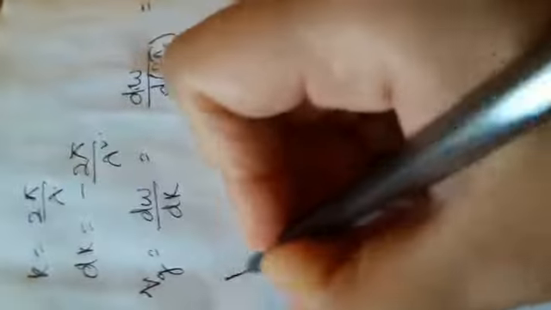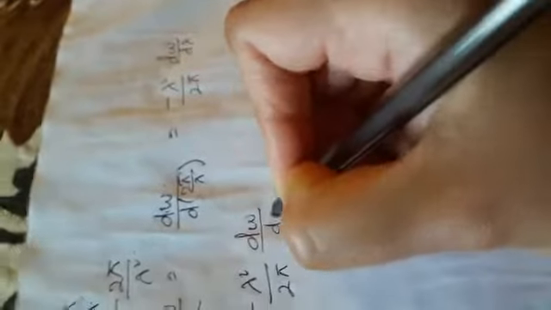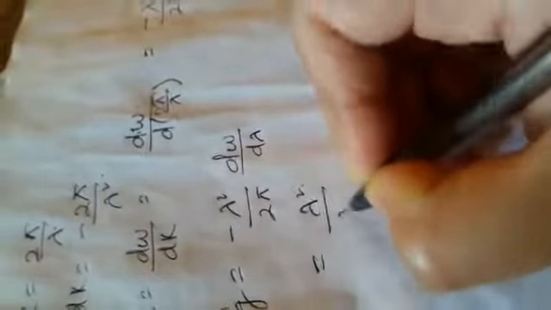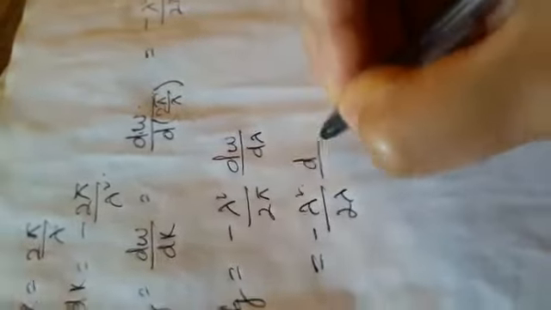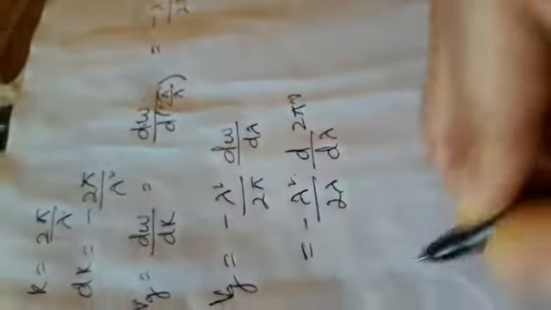Next, now this Vg, let me write it again, it is minus lambda square by 2 pi, internally we have d omega by d lambda. Again for this, it's quite easy to carry it forth from there. So it is d by d lambda of omega, and omega is 2 pi nu, right?